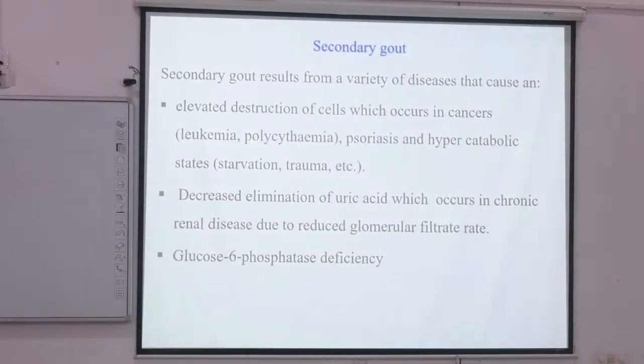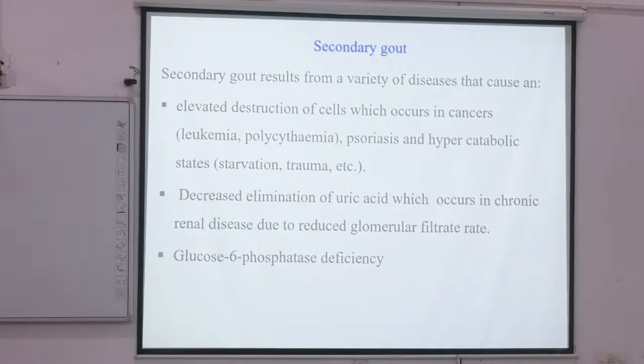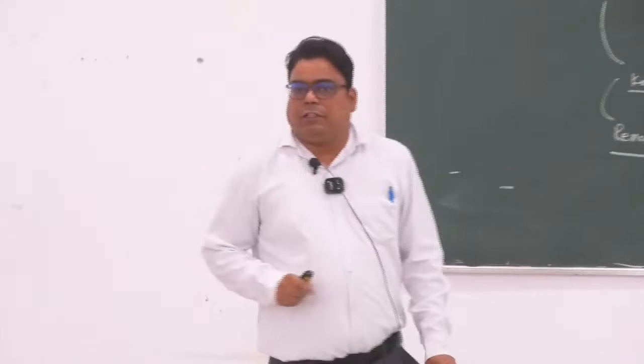Now secondary gout. Secondary gout is what? Secondary gout results from a variety of diseases that cause an elevated destruction of cells, which occurs in cancers, psoriasis and hypercatabolic states. That ultimately leads to an increase in the level of uric acid, but it is not related with purine metabolism.